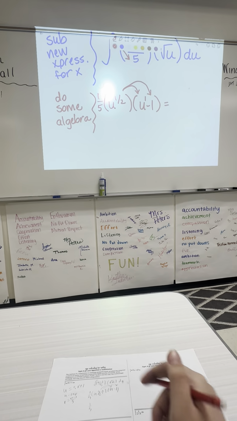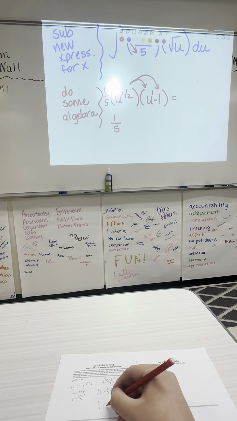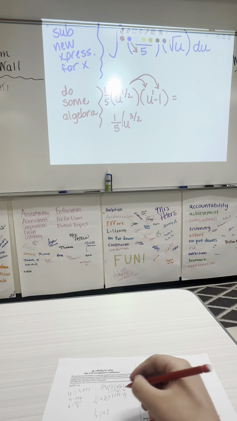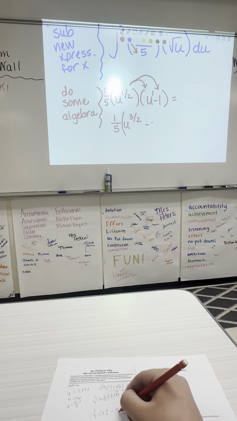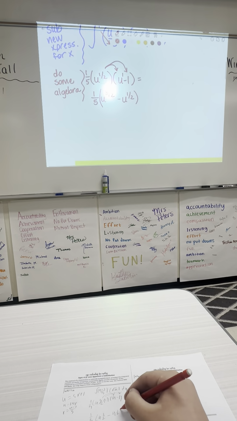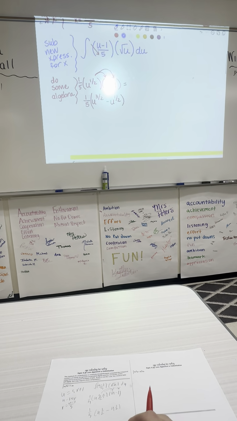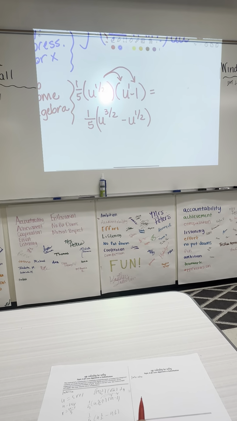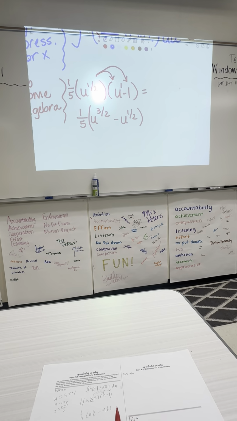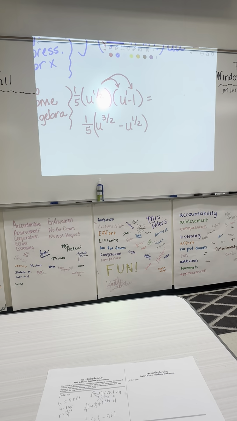What's 1/2 plus 1? 3 over 2. And then minus u to the 1/2. There's our algebra. So here's my rewritten expression. Where did the 3 over 2 come from? 1/2 plus 1. When you multiply u to the 1/2 times u to the 1, you add the exponents.